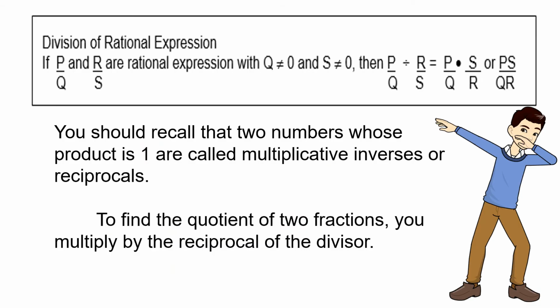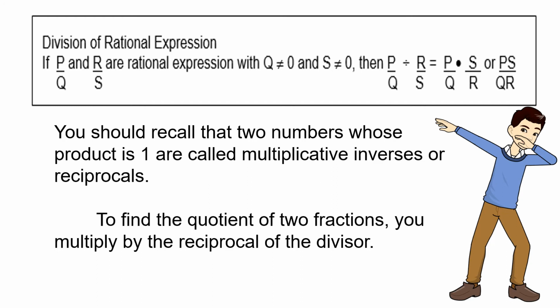Okay, so this time, our focus is on division of rational expression. So, for division of rational expression, if P over Q and R over S are rational expression with Q and S is not equal to 0, then P over Q divided by R over S is equals to P over Q times S over R, or PS over QR.